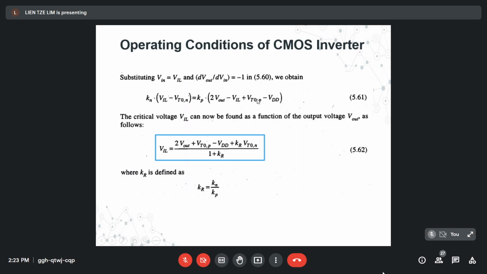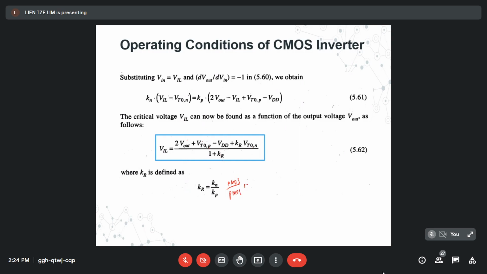But what I want you to know is, to calculate the VIL of the CMOS inverter, this is the formula. There is a Vout, the threshold voltage of the PMOS, the threshold voltage of the NMOS, and also the KR. This KR is the ratio of the NMOS to the PMOS.